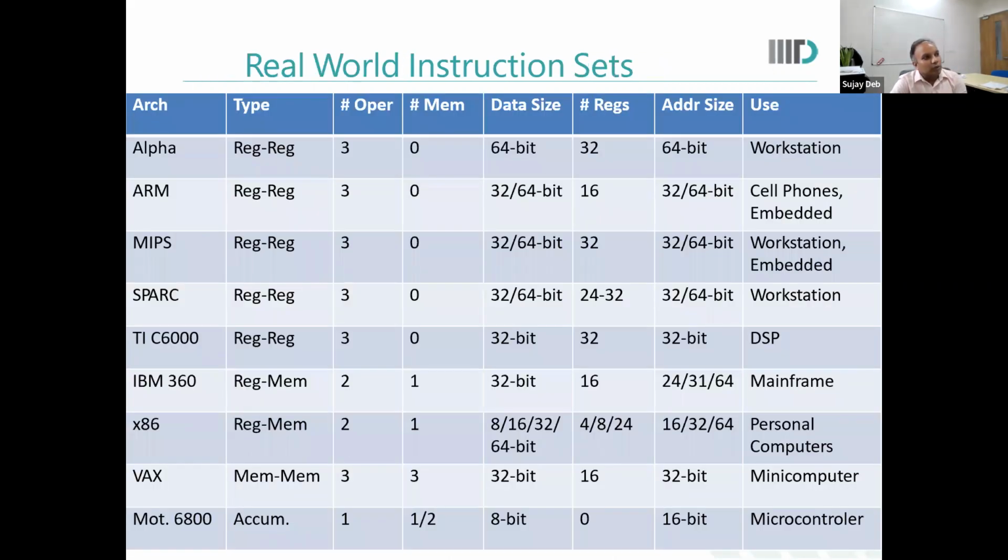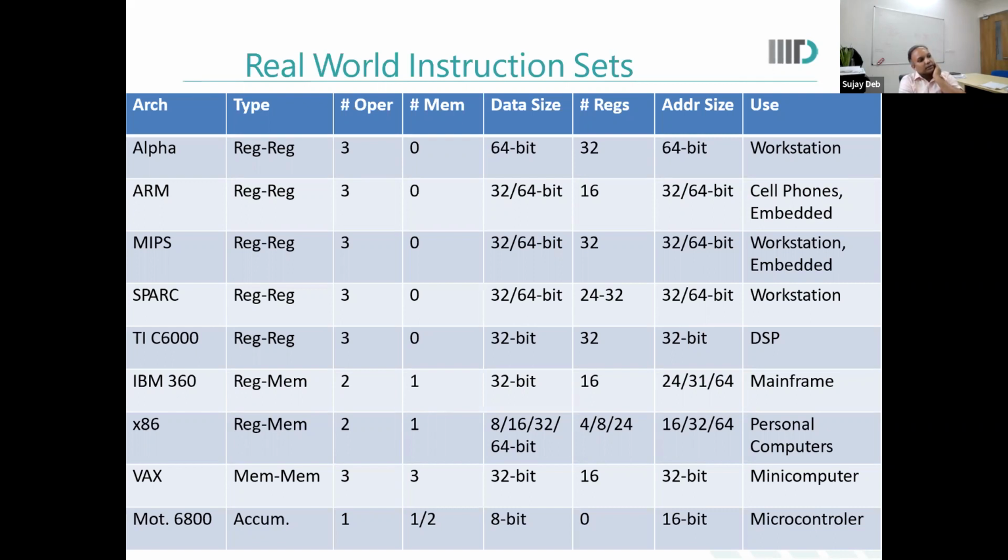Here are some real world instruction set architectures, just to give you a glimpse of different ISAs, what they are used for, and what is specified in them. Alpha is a register ISA. All three operands are explicitly mentioned.